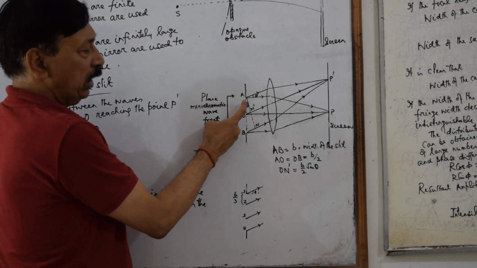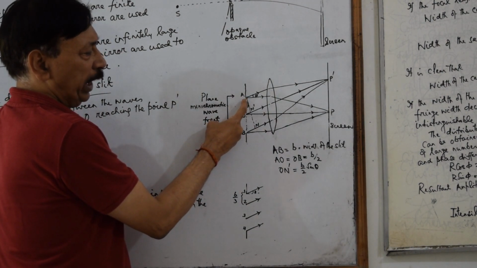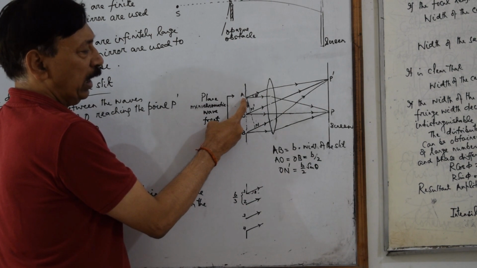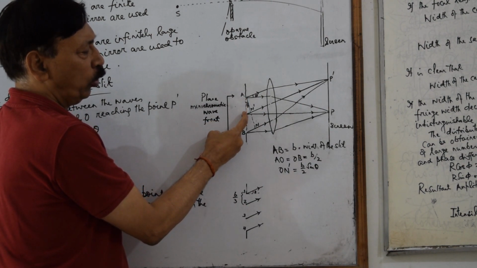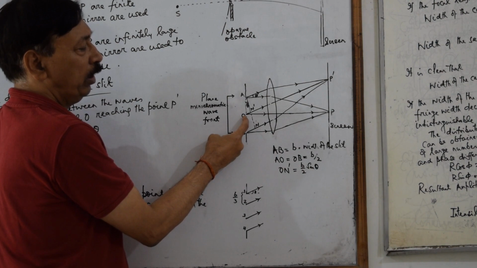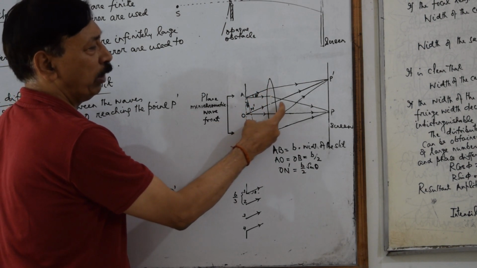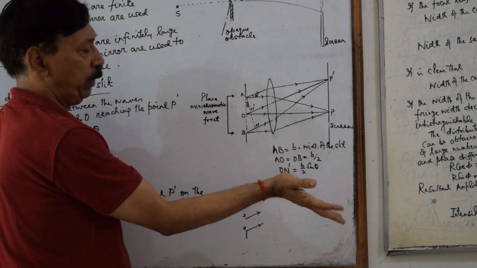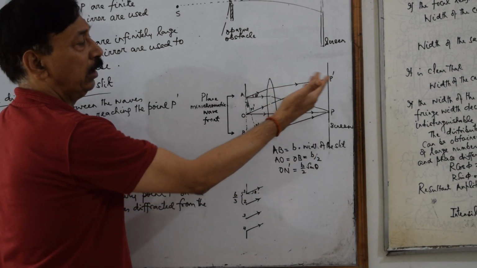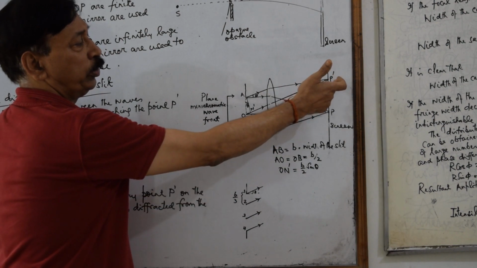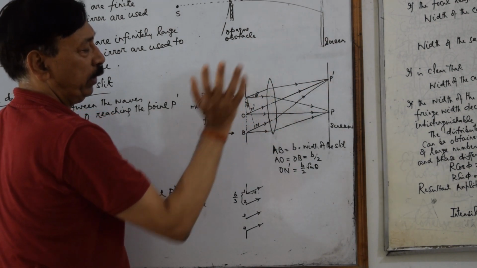We can imagine a point just below A in the upper half of the slit and the same distance below O in the lower half. The waves diffracted from these two points will have the same path difference of b/2 sin theta, and therefore they will also produce a minimum at the point P prime.